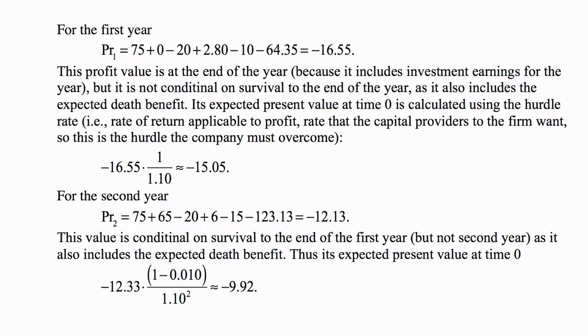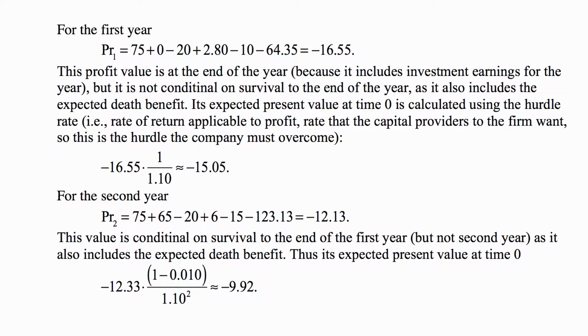The 10 is the death benefits paid out, and you subtract the expected value of the reserve as well, 64.35. And this is not conditional on survival to the end of the year, as it also includes the expected death benefit. So you're doing the calculation that includes the payment of death benefit and keeping the reserve.